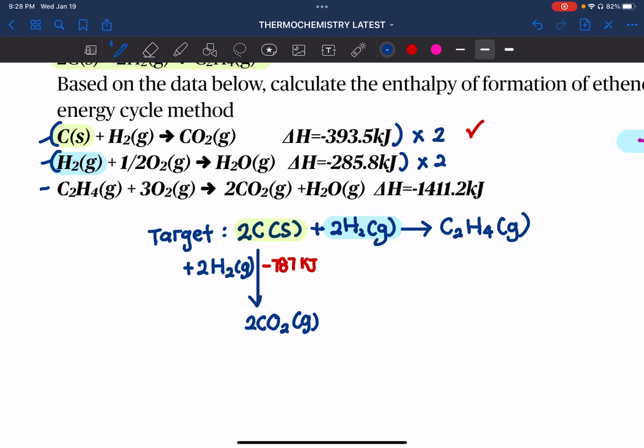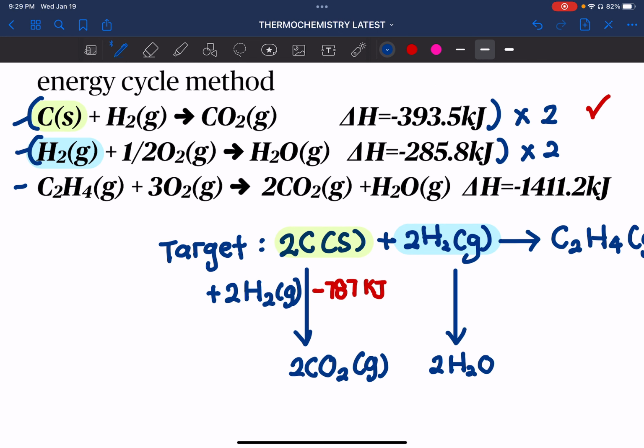Okay, so now it's time to construct the energy cycle. 2H2. Okay, kita tengok produk dia dulu. Produk dia adalah H2O. So, bila darab 2, 2H2O. Okay, here, bila kita darab 2, dia akan jadi oksigen sajalah kan? So, plus O2 gas.